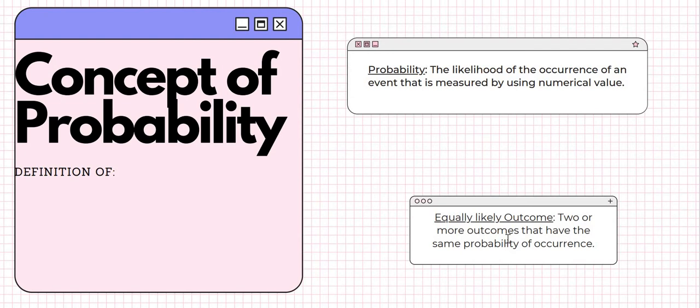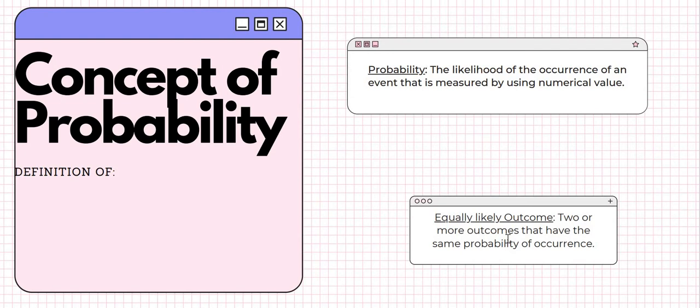For example, 1/2. Say you have an experiment, toss a coin. You have head and tail, so the total outcome is 2. The event that you get head is only one, and the event that you get tail is also only one.